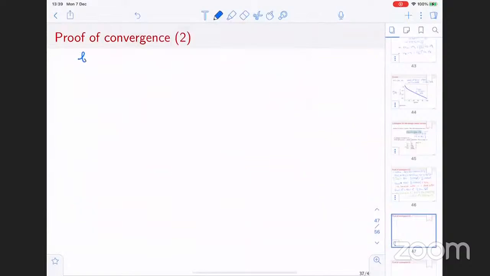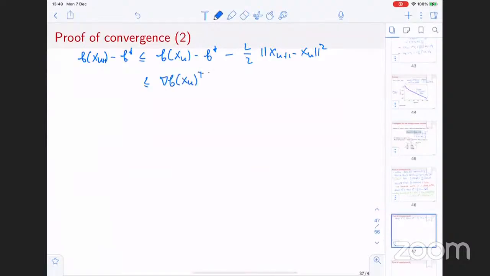We've proved that f at xk plus 1 minus f star is less than f at xk minus f star minus L over 2 norm of xk plus 1 minus xk squared. And what I know is that this is less than the gradient of f at xk transpose xk minus x star minus L over 2.